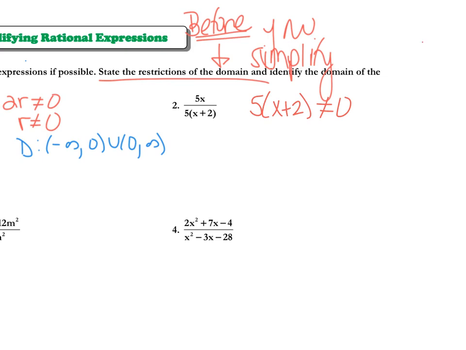So if I just had an expression like 5x over 2, there wouldn't be any domain restrictions because there's not a variable in the denominator. Now, mind you, that's the starting expression, not the simplified one. So if we divide by 5, we just get x plus 2 can't equal 0. So x cannot equal -2. And that is where we will have our break.